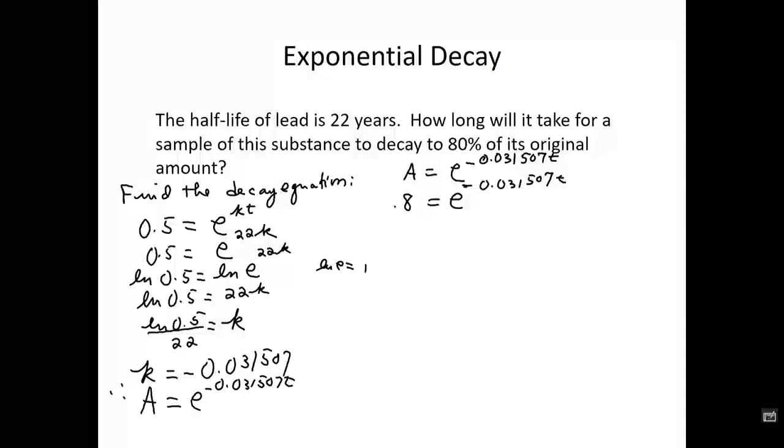All right, now we can solve this exponential equation for t. So the first step, as you recall, we're going to take the natural log of both sides. So this is the natural log of 0.8 is equal to the natural log of e to the negative 0.031507 times t.